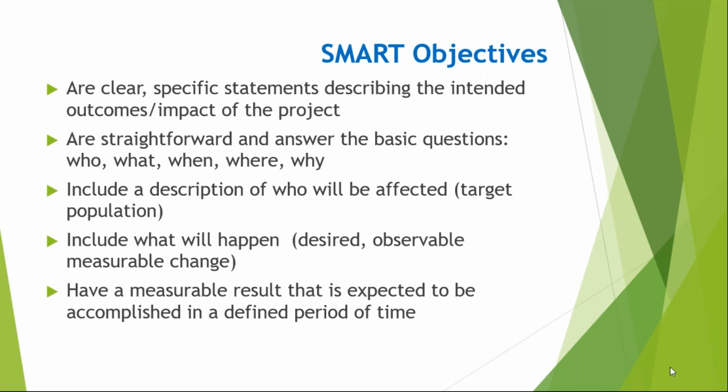This is the other really important thing about a SMART objective: it has to include what will happen. What are you changing? Are you changing knowledge, behavior? And what behavior or knowledge is that? And measurable. You have to have a defined period of time of when you expect that this outcome will be accomplished.